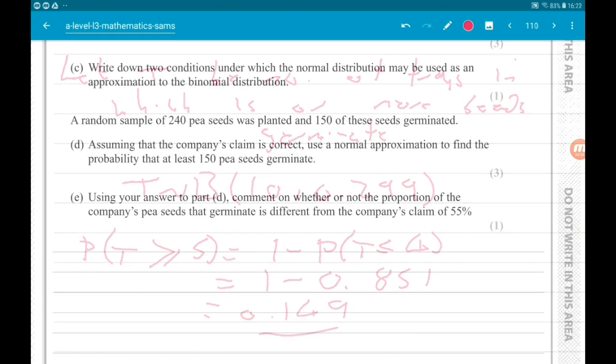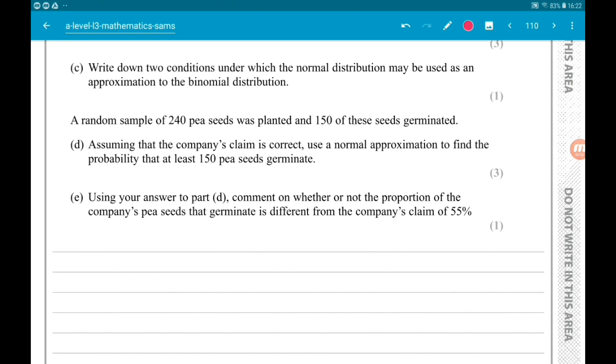That was pretty. Okay, but C wants us to write down two conditions under which the normal distribution may be used as an approximation to the binomial distribution.